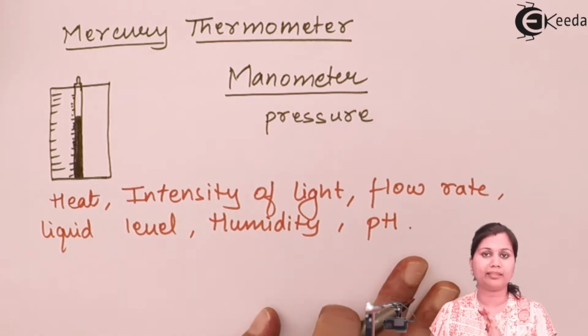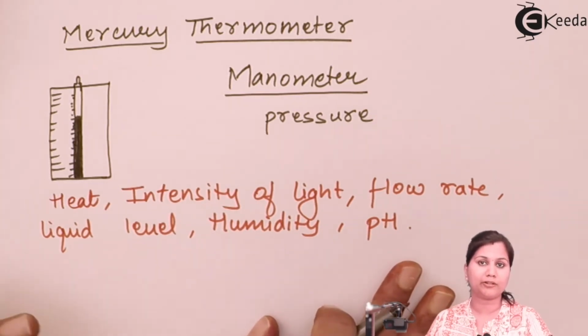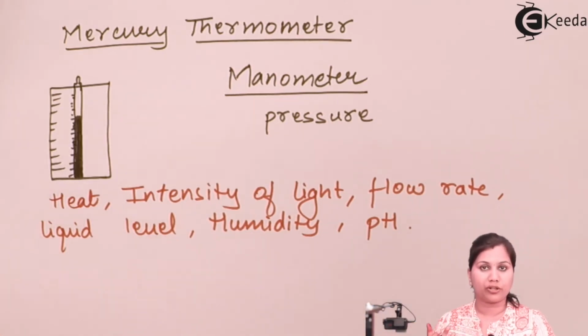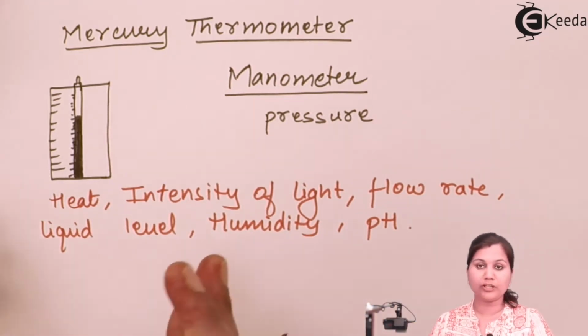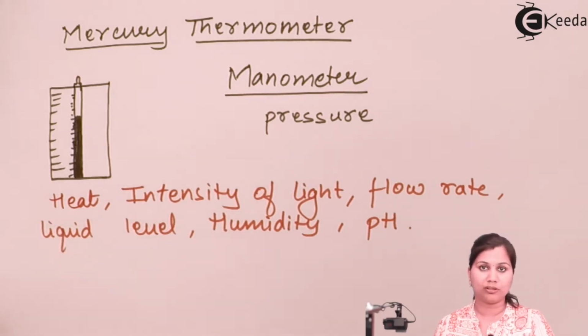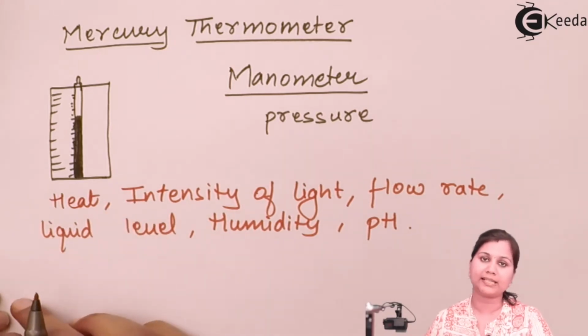There are no direct methods for the measurement of these quantities. So we are going to use the transducers. Transducers are going to convert these physical quantities into an electrical quantity, and then we can easily measure the value of these parameters.